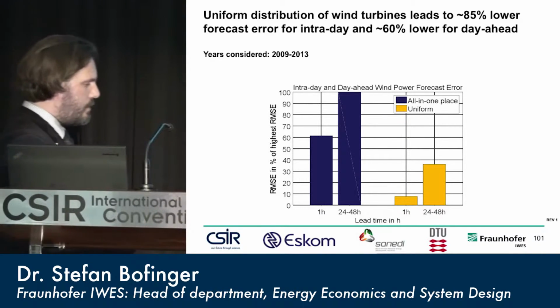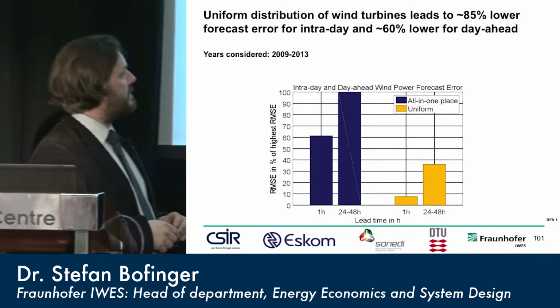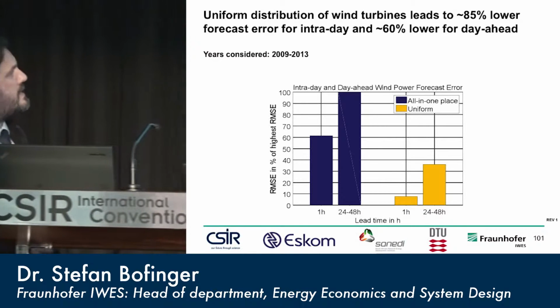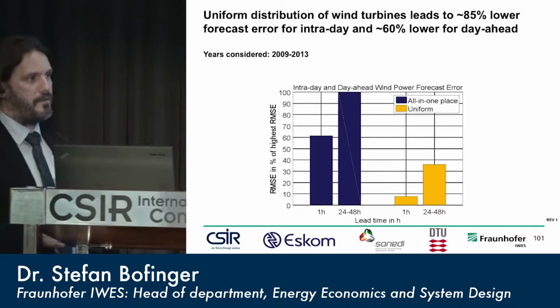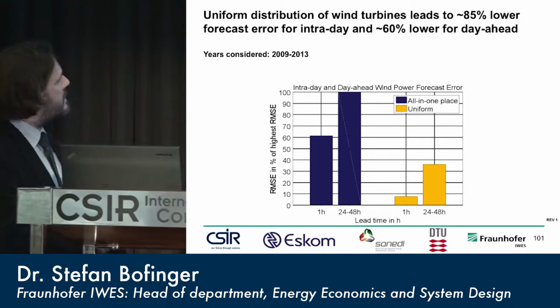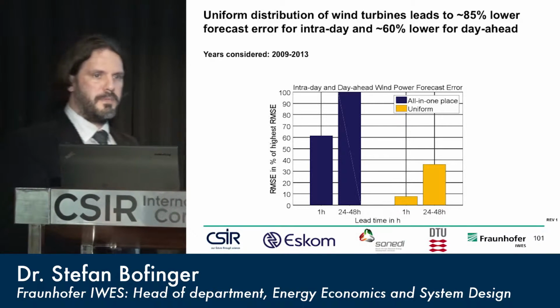That means a wider spread of installation capacity also tremendously increases the reliability of the forecast. In the case of the intraday forecast, it's a factor of 6 between the two.